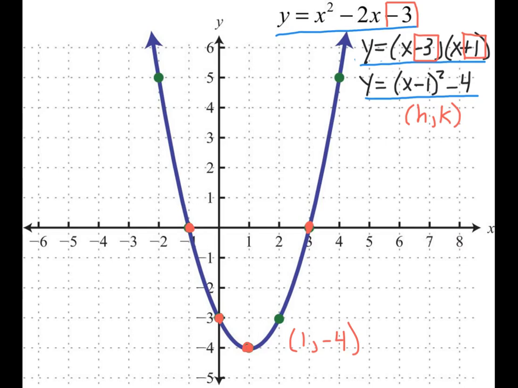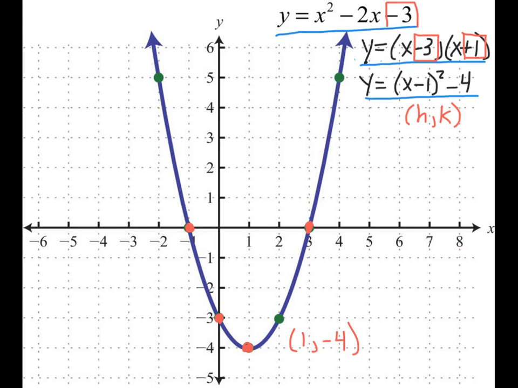Okay, well, those are some interesting features, and one of the nice things about our vertex in particular is that we can get a couple pieces of information about a quadratic graph from the actual vertex. Let's take first a look at the h, or the x coordinate in our vertex, and that turns out to be the actual line of symmetry.